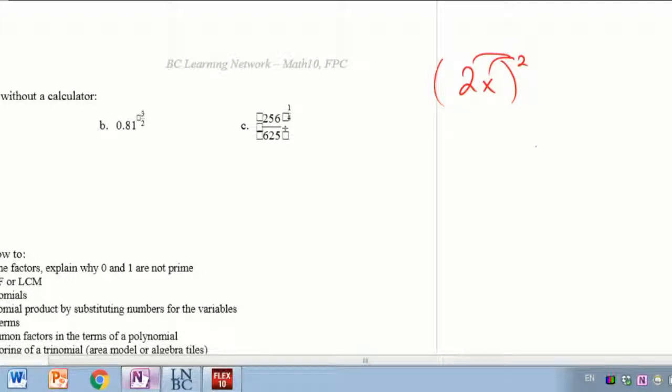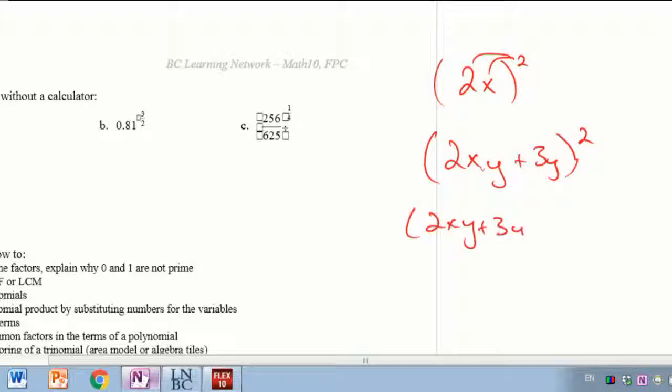So mathematically speaking, that's fine. In the polynomials unit, the difference is if we have like 2x plus 3y squared, why do we have to write this thing out twice? Because we have this addition sign in the middle between our two terms.